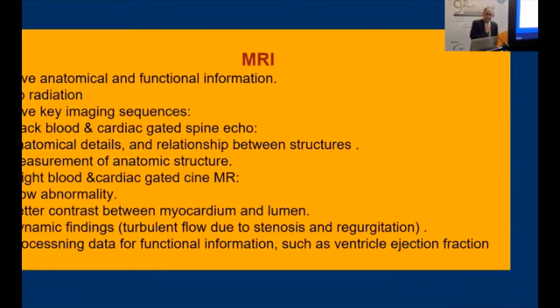MRI gives more details about the anatomy and functional information. The advantages also include no radiation, and it offers many key imaging sequences and different techniques, like black blood cardiac gated spin echo and bright blood cardiac gated spin echo.